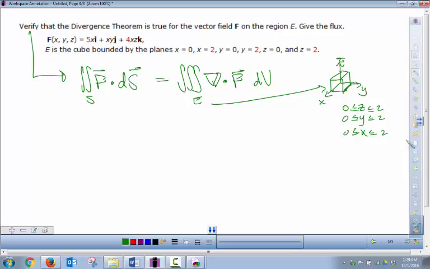So anyways, the first thing we need to do is take the div of f. So this is our f. The div is the derivative of the first component with respect to the first variable x, plus, it's like the dot product, right? The derivative of the second component with respect to the second variable y, and the derivative of the last component with respect to the last variable z.